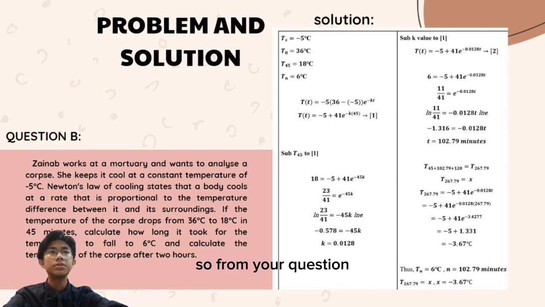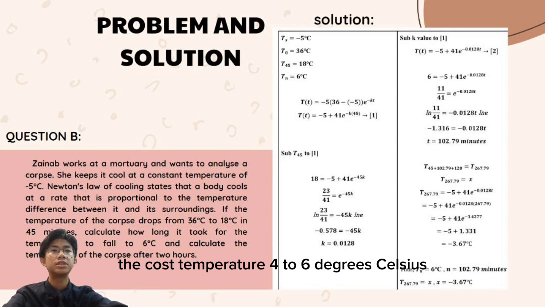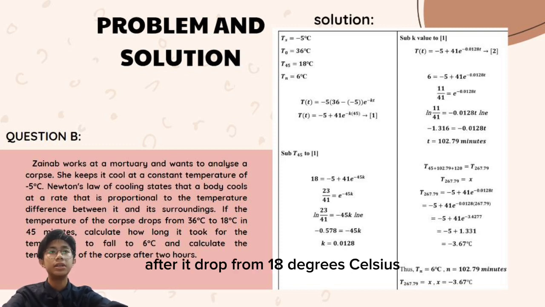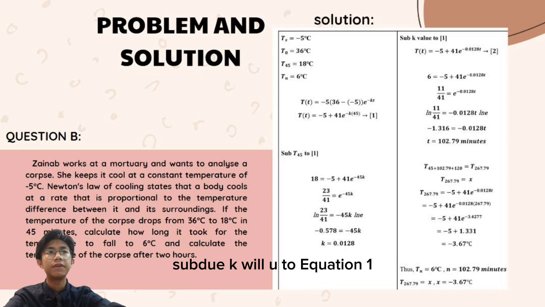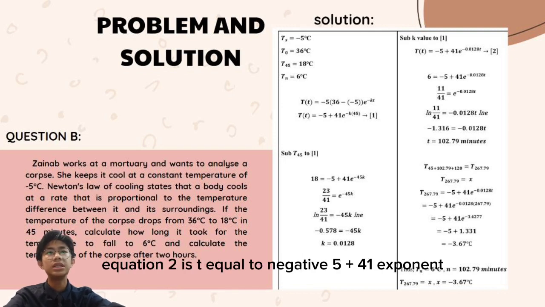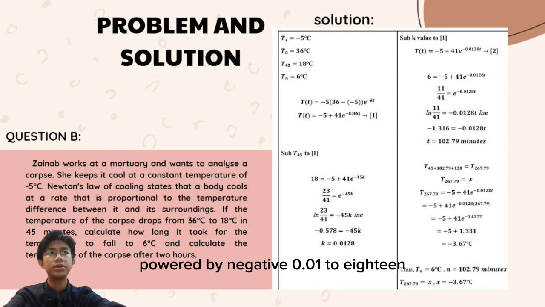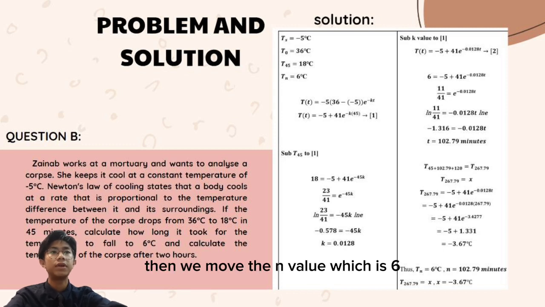The question asks to find the time the corpse temperature falls to 6 degrees Celsius after it dropped from 18 degrees Celsius. Substitute the k value into equation 1 to make equation 2. Equation 2 is T equals negative 5 plus 41 exponent negative 0.0128 T. Then we substitute the Tn value, which is 6, into equation 2.